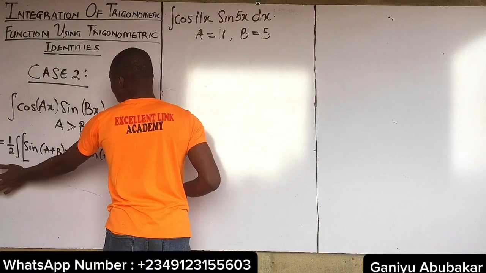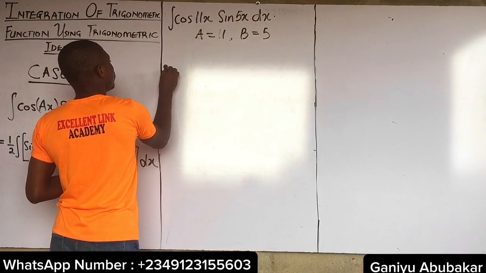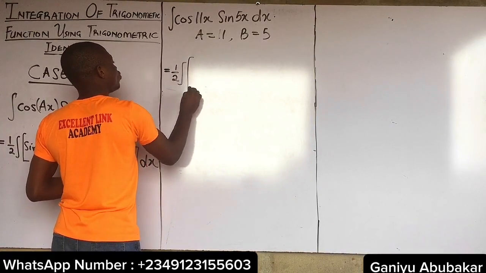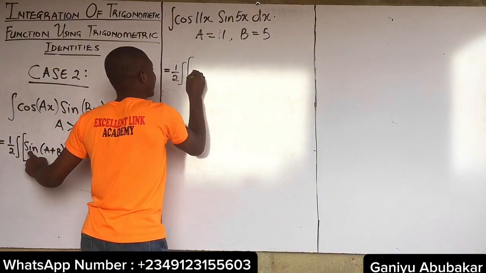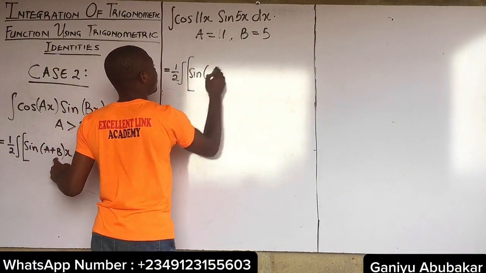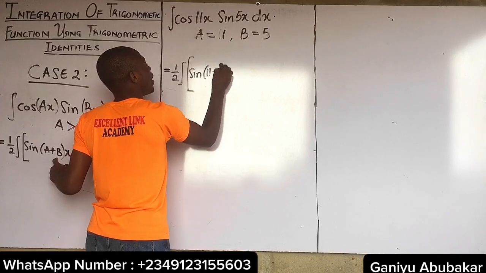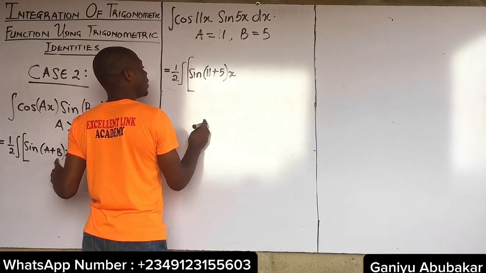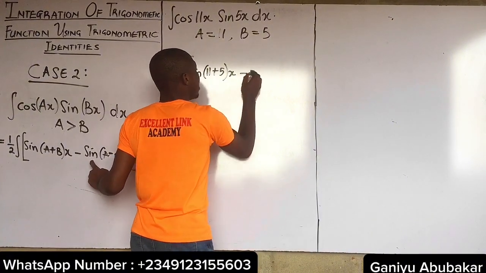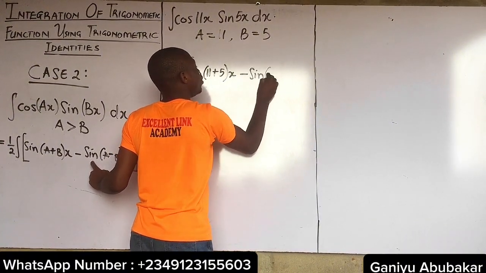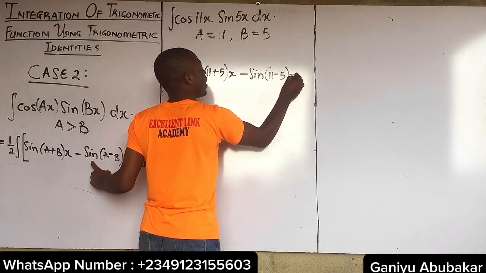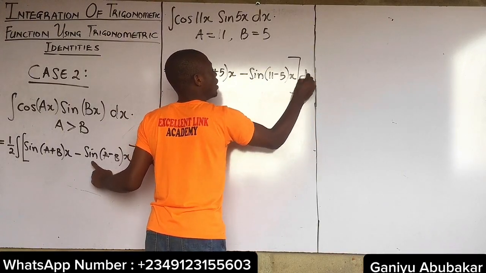For this one, I will have it equal to 1 over 2 integral of, sine comes first, sine (a plus b), that becomes 11 plus 5, then x, minus, as you can see, sine of (a minus b), which becomes 11 minus 5, of x, all into what?